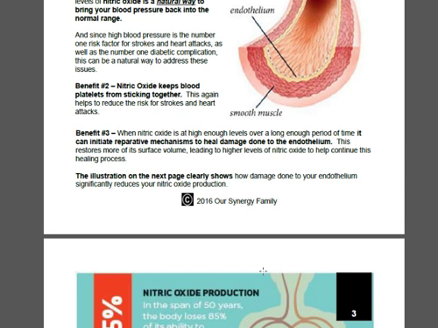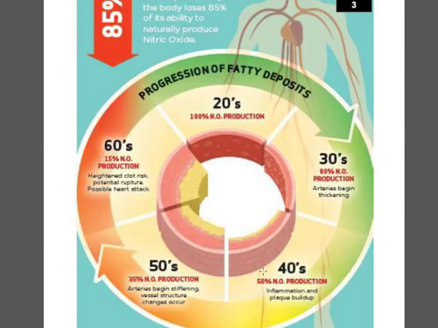Now, the illustration I'm going to show you on the next page is what happens to you over time. You go to page 3 and you pick their age category. If you're talking to someone in their 50s or 40s, again, what's our market? Our target market for this is people in their 40s and above. So if they're in their 40s, you have 50% less nitric oxide production. We want to nourish this lining to increase that.